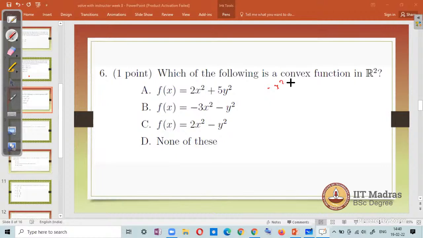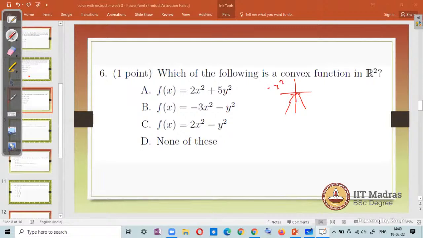The definition says that the function value should be higher than the tangent approximation. This one will be your concave function then, no? Minus x square will be something like this, no?